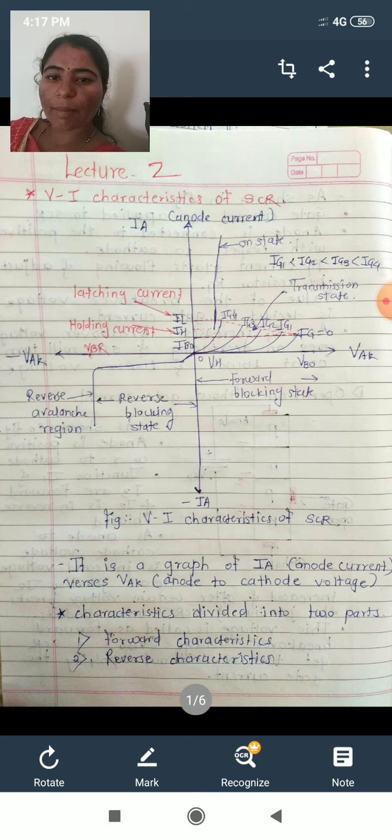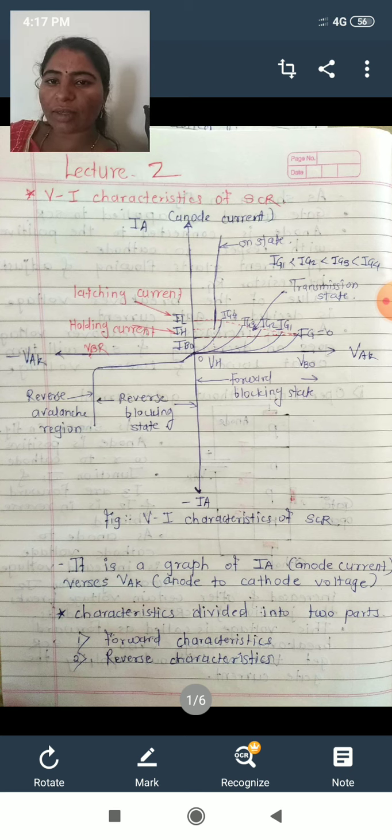Latching current is the minimum current that can latch the SCR in on state. Next is holding current. It is the minimum amount of current that can hold the SCR in on state. And one more thing is important, that holding current is always smaller than the latching current. These are the VI characteristics of the forward characteristics.